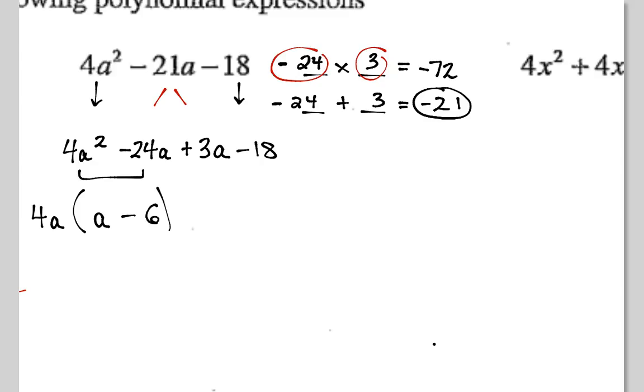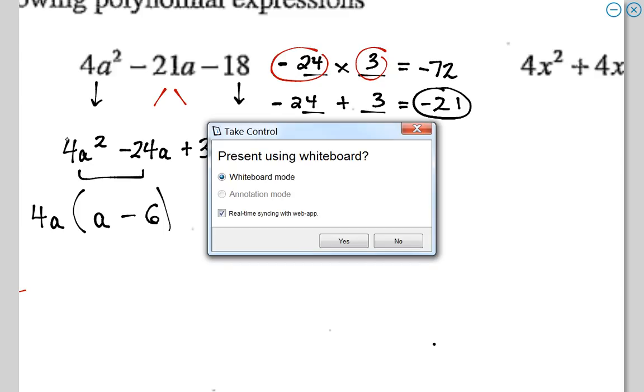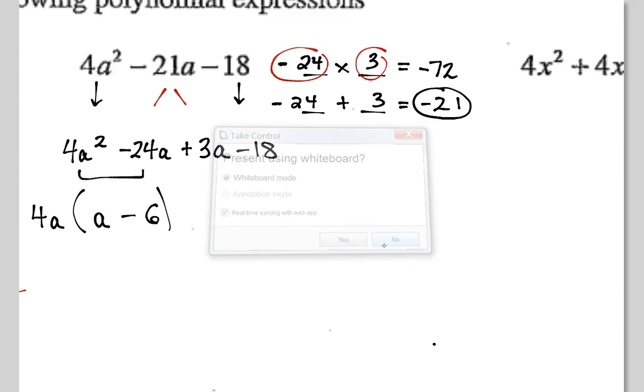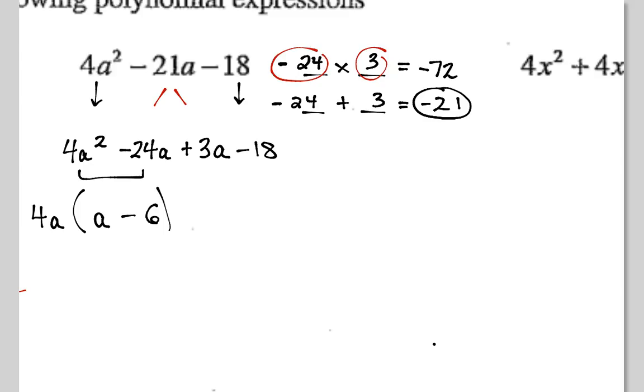Because in the first one, the 4's cancel, and in the a squared and the a to the 1 leaves 1a. And in the second one, 24 divided by 4 is 6, and the a's cancel. And then a negative divided by a positive is negative. So the signs will always stay the same respectively if you factor out a positive.